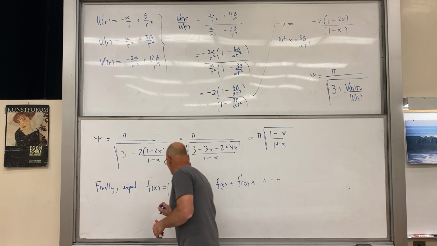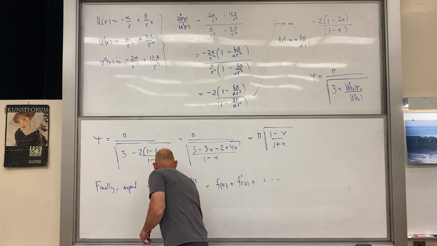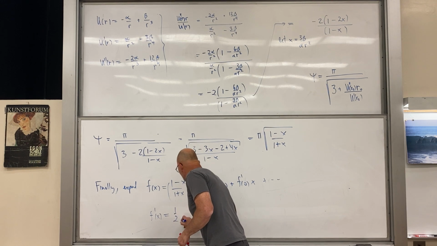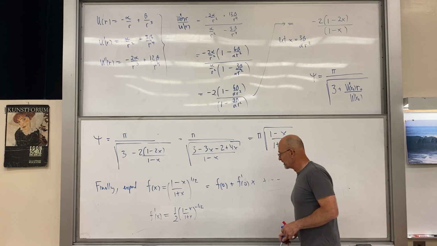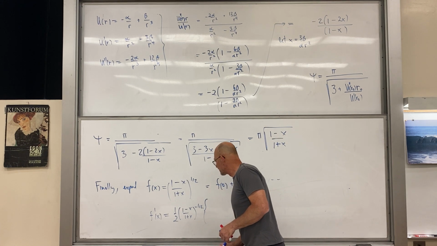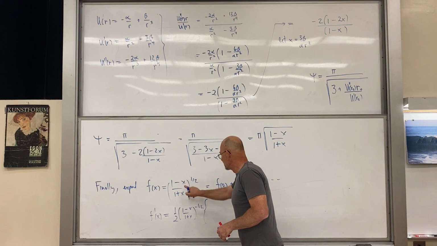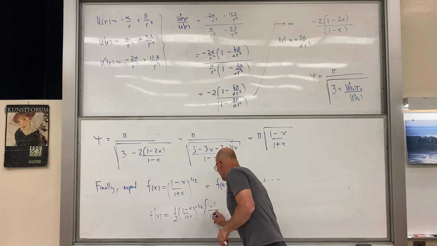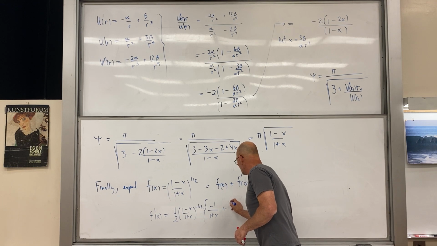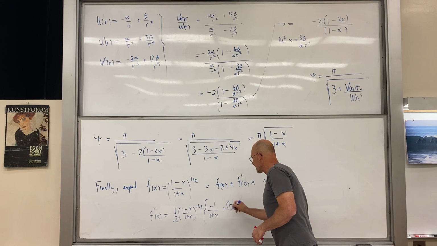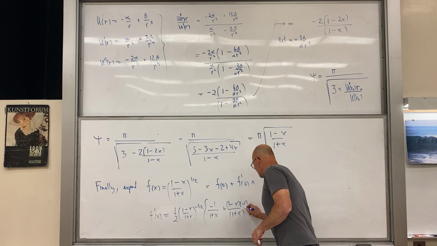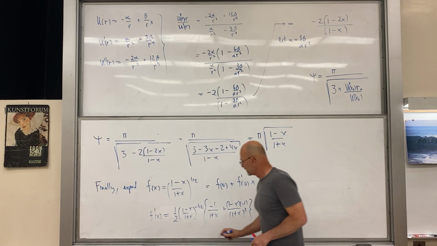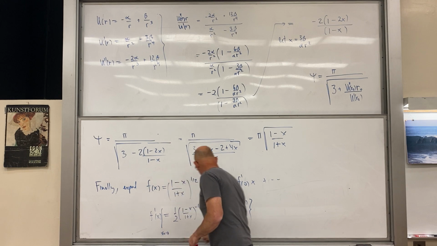So we have f prime of x is going to be 1/2 times 1 minus x over 1 plus x to the minus 1/2 power, and then the inner derivative is going to be minus 1 over 1 plus x plus 1 minus x, over the quantity 1 plus x, squared. So we want to evaluate that at x equals 0.